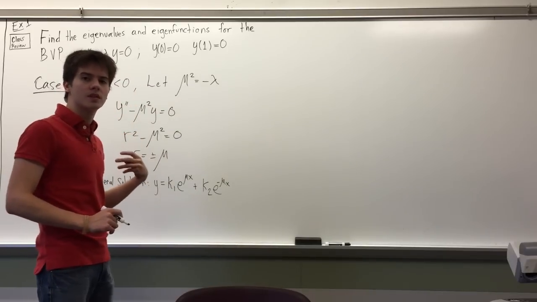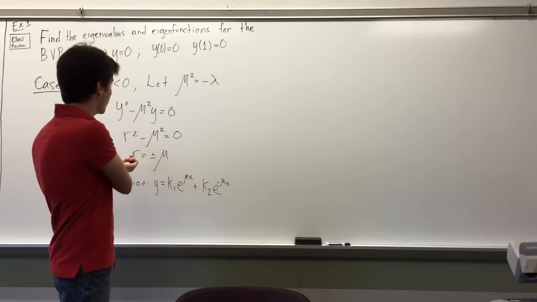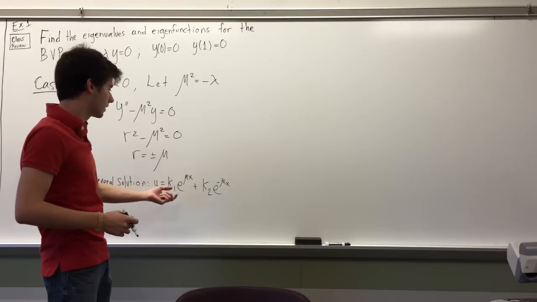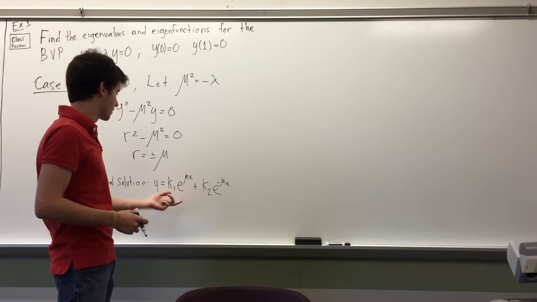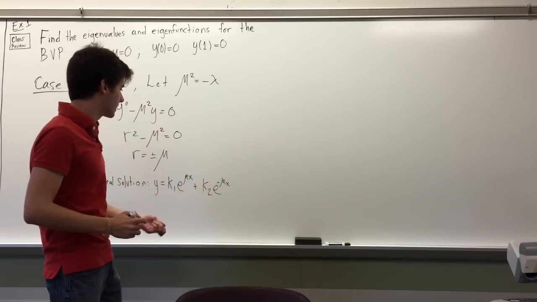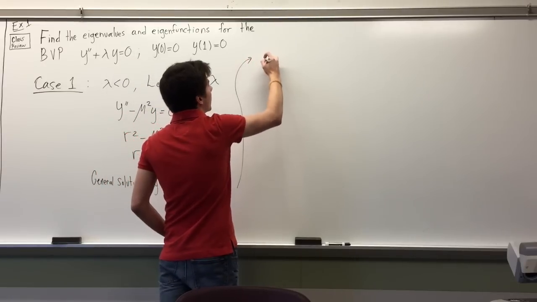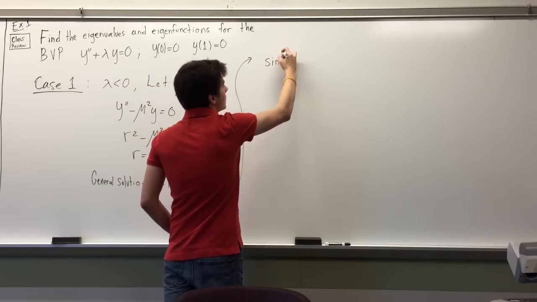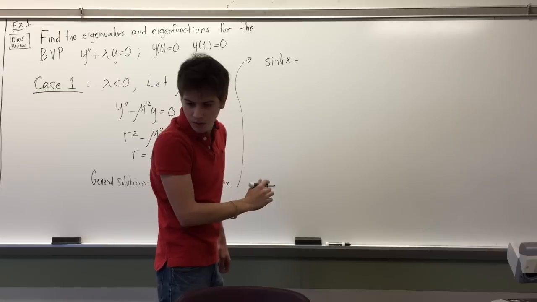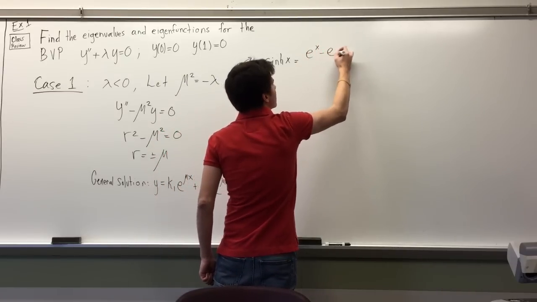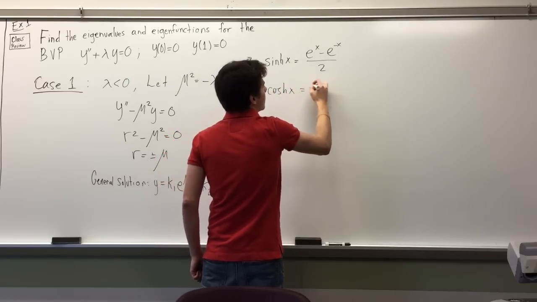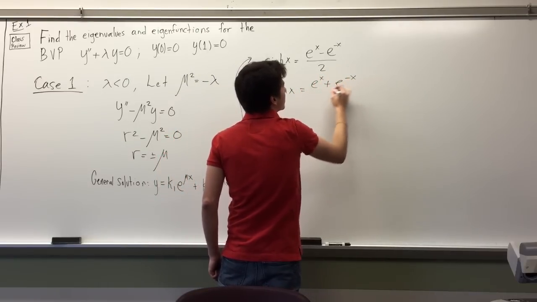This is basically doing the same thing that we did when we had real roots for our solutions. We just write the linear combination of the exponential functions. We take the positive root here and the negative root here. But we can realize that sinh of x is equal to e to the x minus e to the negative x over 2, and cosh of x is e to the x plus e to the negative x over 2.